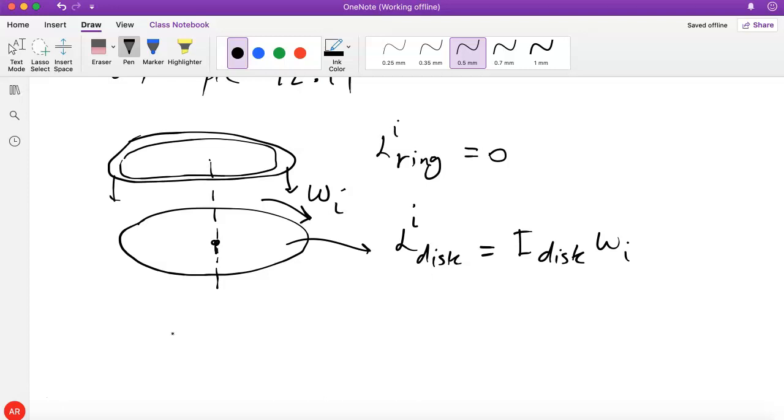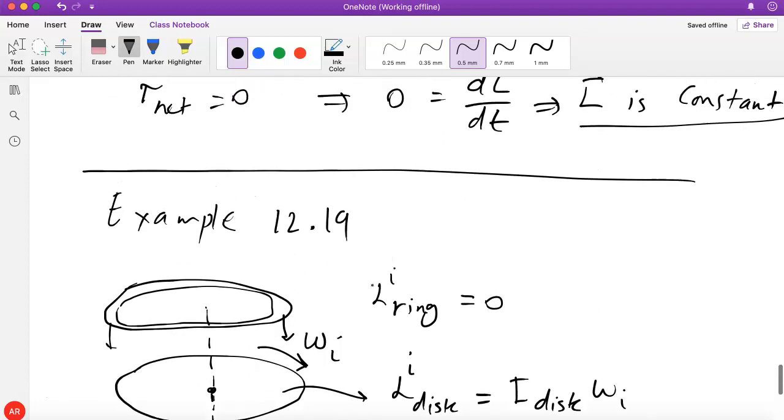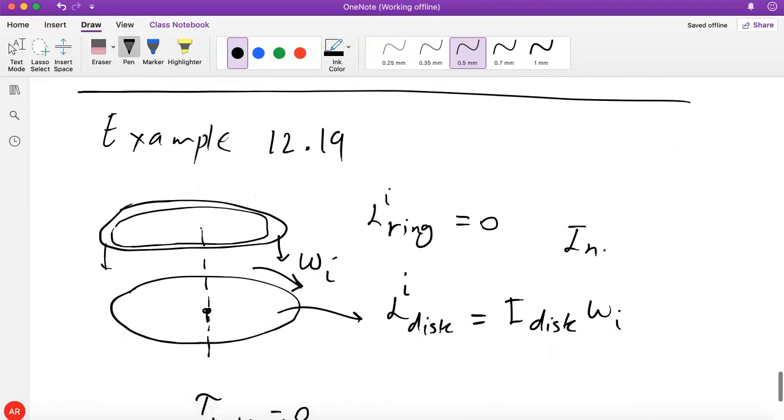There's no external forces on this system to exert a torque. The only thing is maybe gravity, but that's not in the plane of rotation. So there is no external torque. So we can say tau net is 0. Okay, so that's the initial.